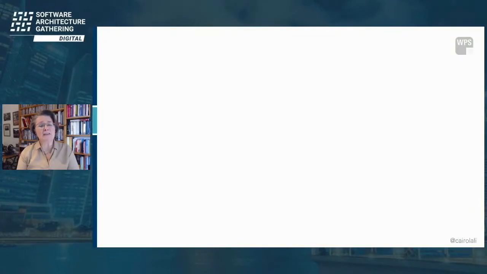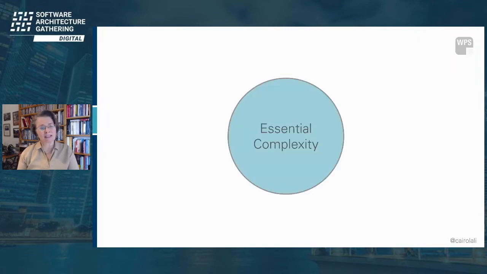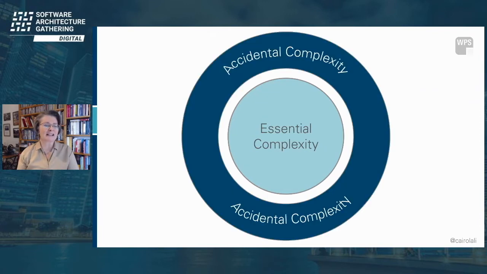Well, the main reason why software becomes so interwoven over time is that software teams fail to distinguish between essential and accidental complexity. What is this? Well, essential complexity is inherent in the nature of the problem.